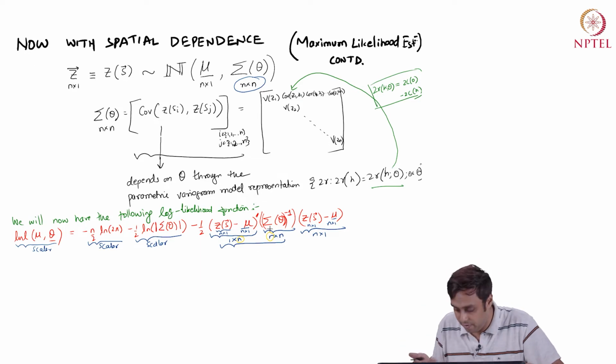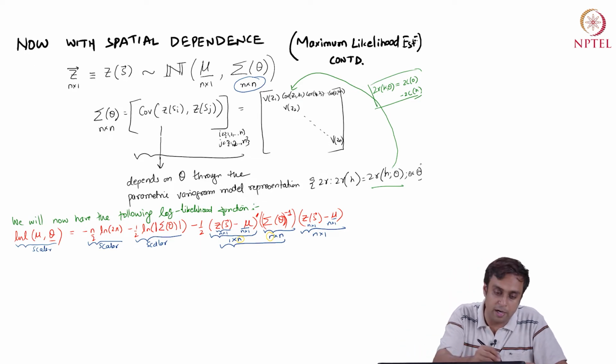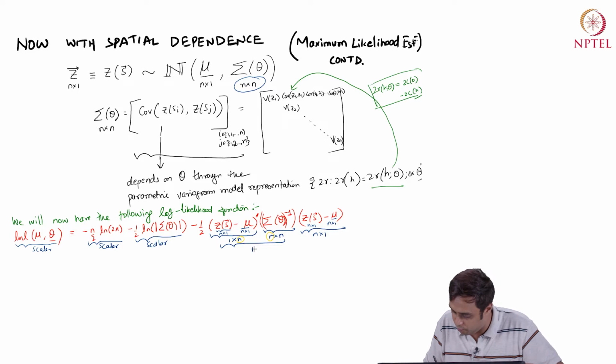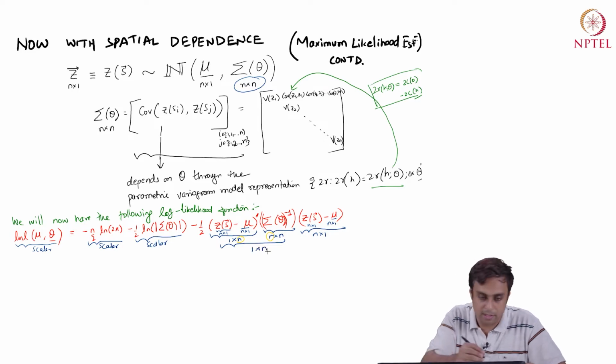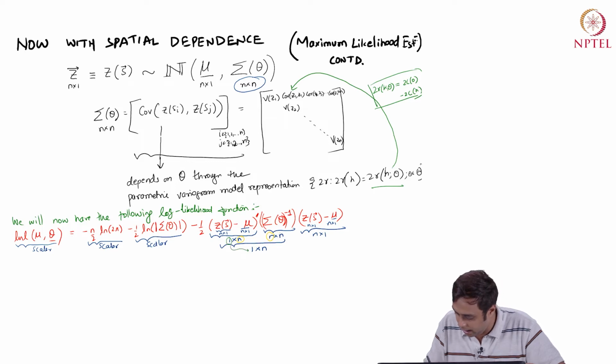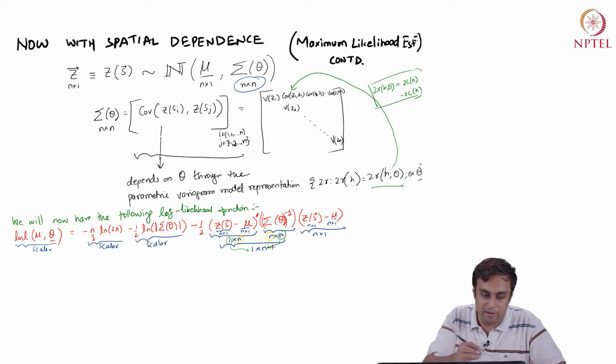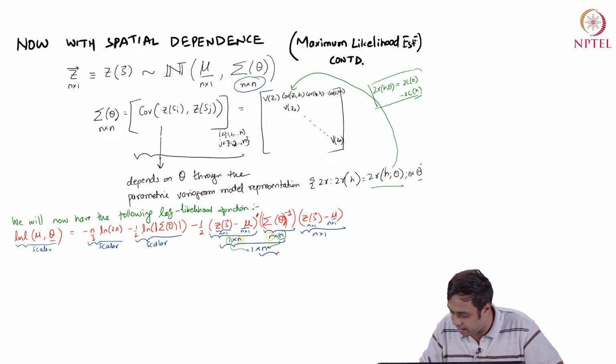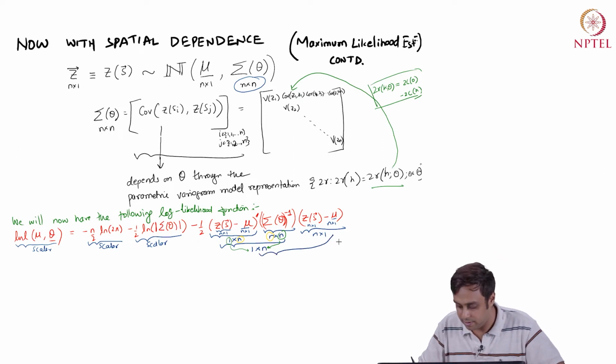Here it is indeed defined, and this product will turn out to be a 1 by n. Once I have this 1 by n matrix, I can go ahead and multiply it with this n by 1 matrix.